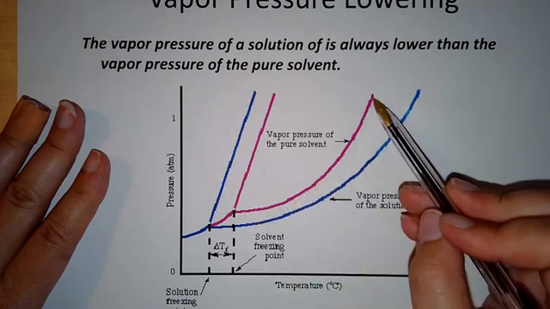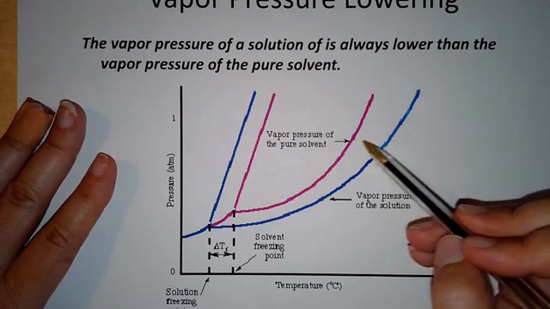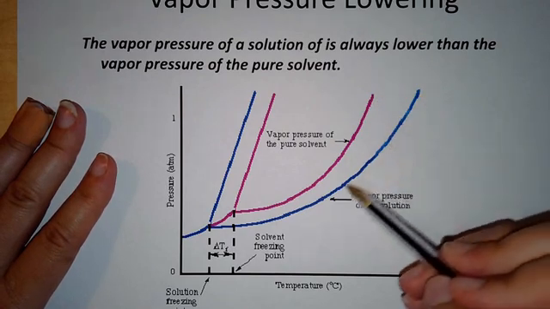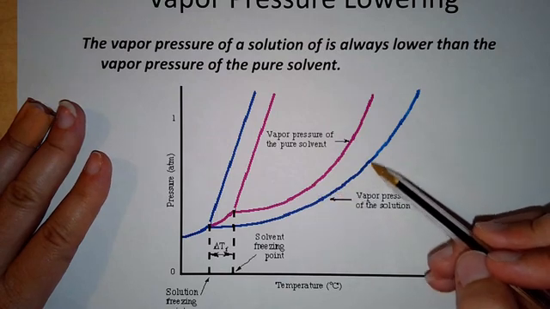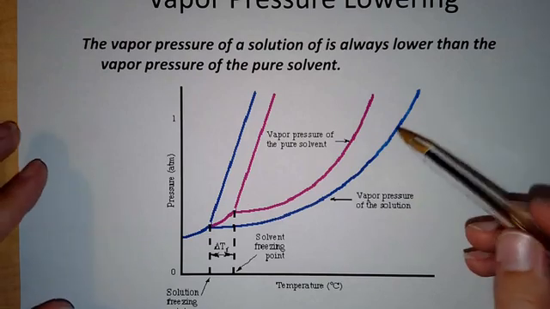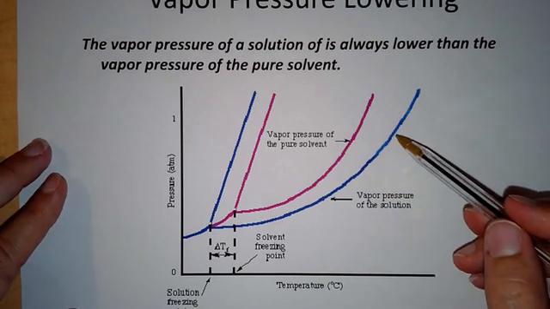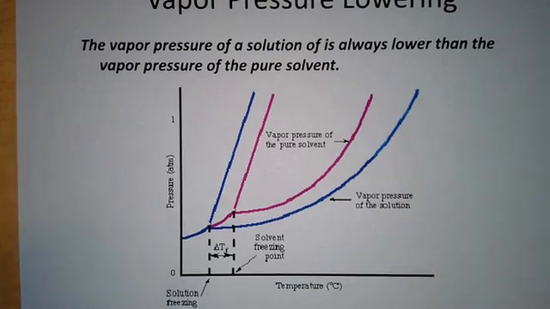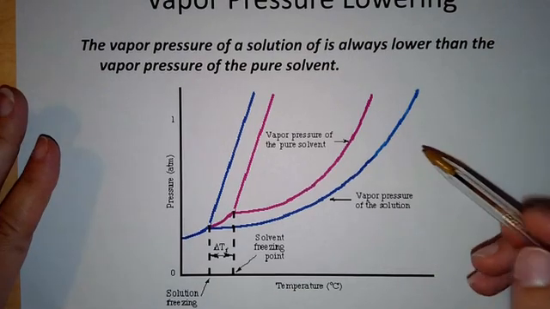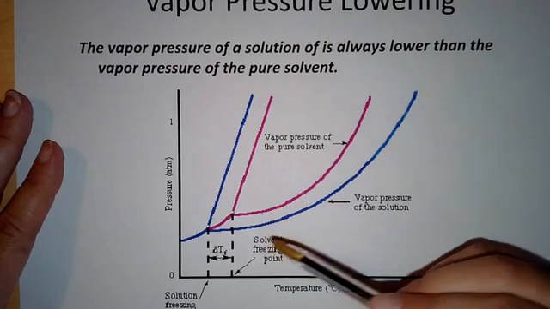In the presence of the solute, it shifts to the right because it takes more energy to get the vapor back to where it was. So we're going to need higher temperatures to get enough vapor because we have less vapor there. This is then going to cause a shift in both boiling point and freezing point, which we'll look at later.